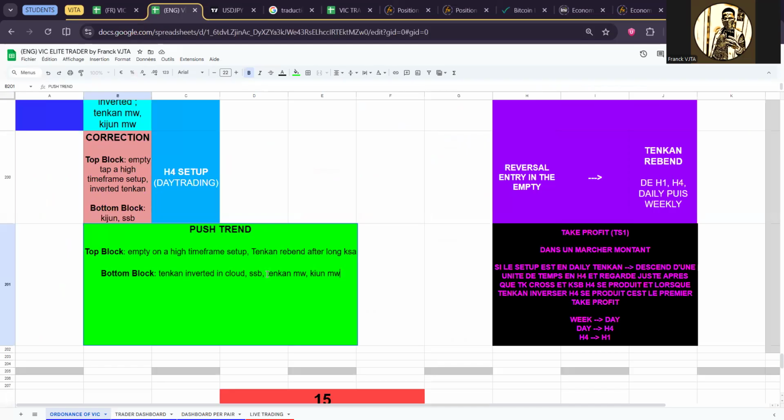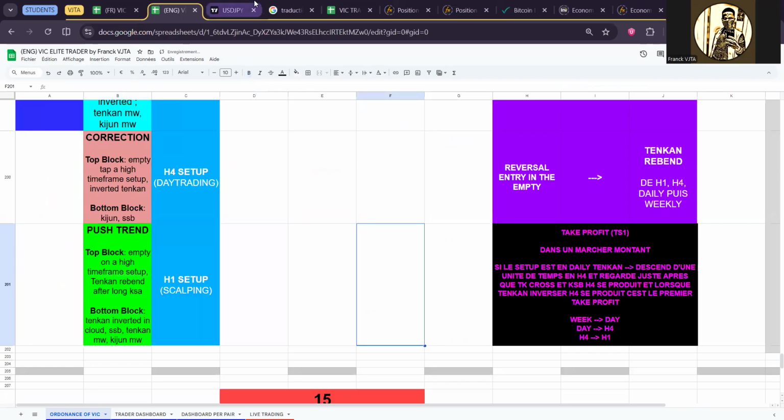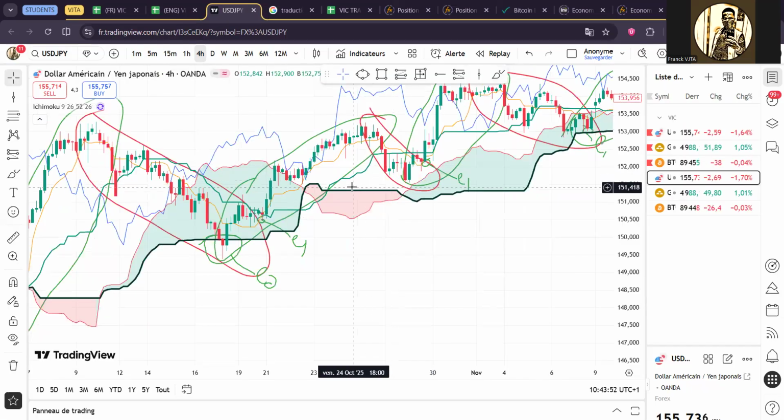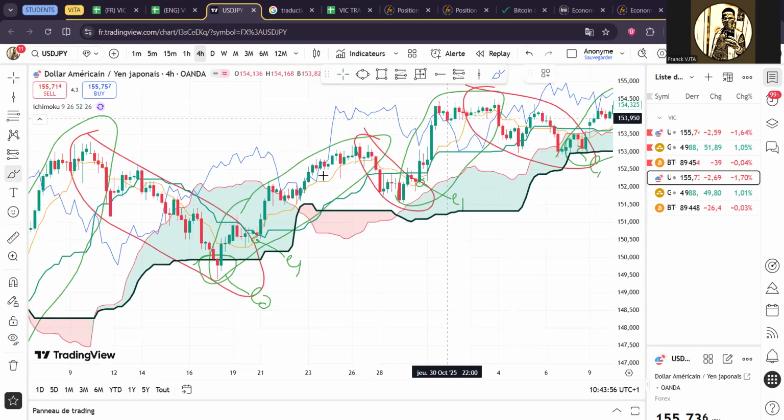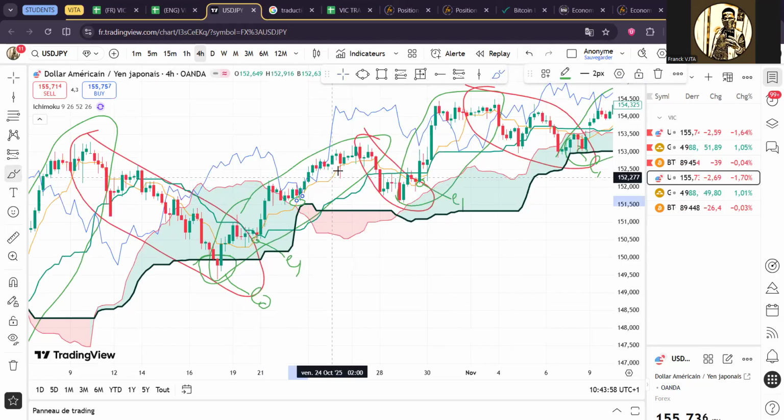Now for the next bottom type for the continuation of the push trend is Kijun MW and Tenkan MW. So you have more of Tenkan MW for this push trend here, right? We did it. The price is moving, touching Tenkan, moving up, touching Tenkan, moving up.